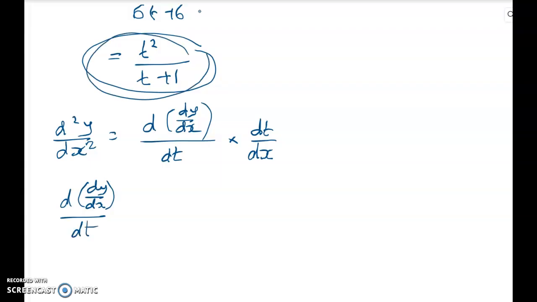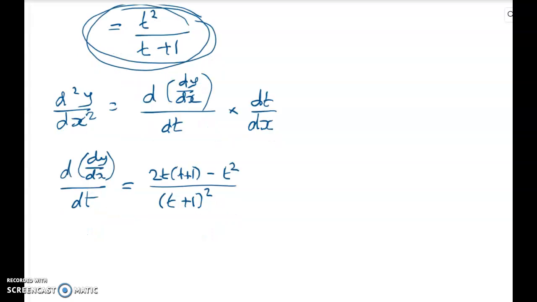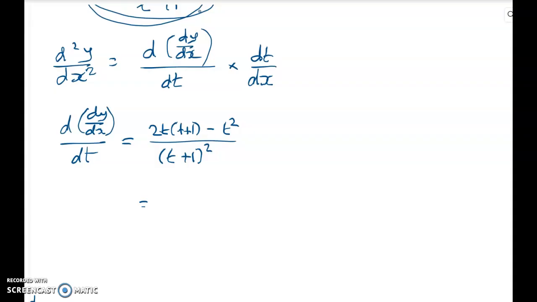Okay, so you can see here I've got a quotient rule problem, hopefully staring out at you. So it's going to be t plus 1 squared times 2t times t plus 1 minus t squared. Cleaning that up will give us 2t squared minus t squared, so we get t squared plus 2t.